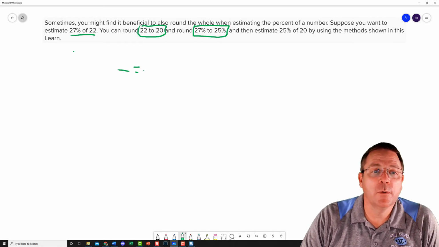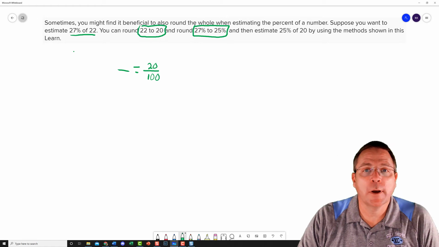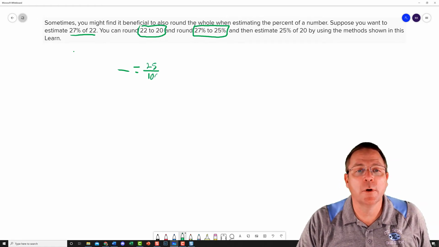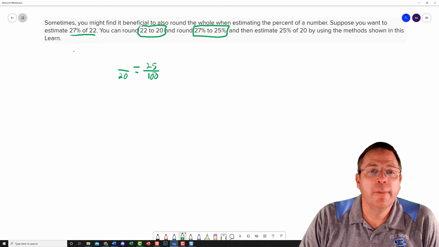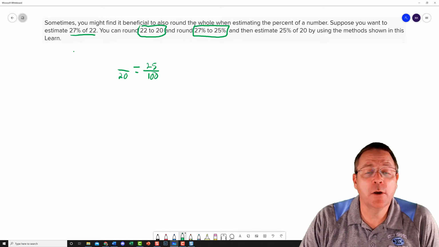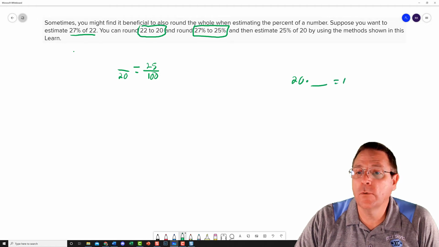If you were to use the equivalent ratio method, we'd have 25% to 100%, and 25% of what? 20. And these numbers are what we call compatible numbers, because 20 goes into 100 how many times? 20 times what equals 100?